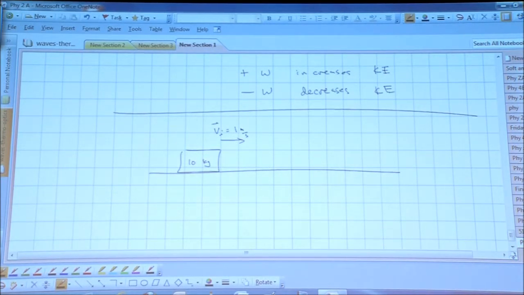And we pushed on it for, what was it, 5 meters? And that force was 20 newtons, right?